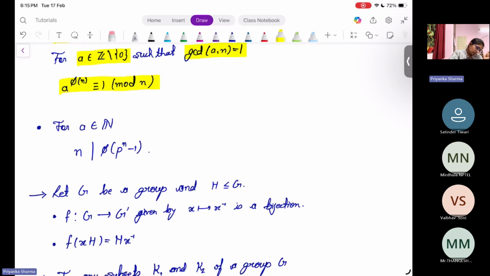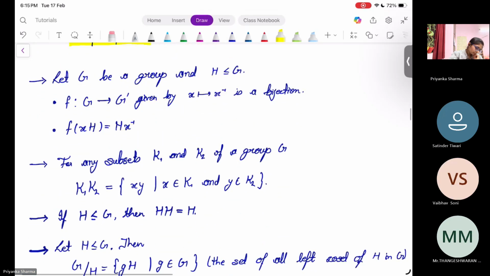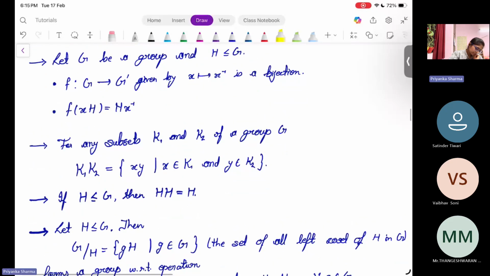And for A belongs to N, we will have this result, and this divides phi of P to the power N minus 1. There are some other results.